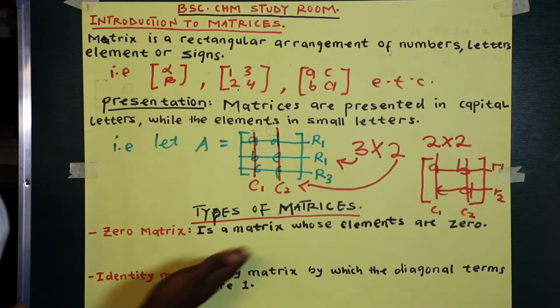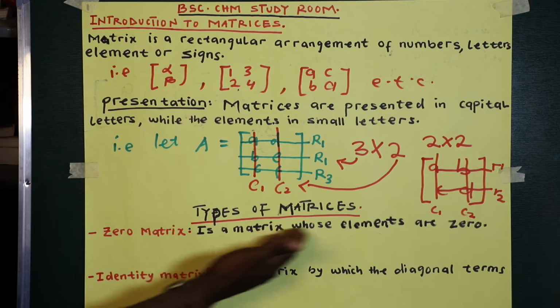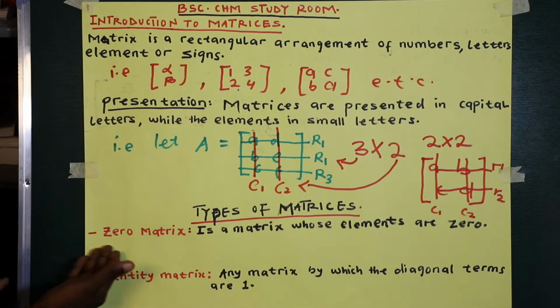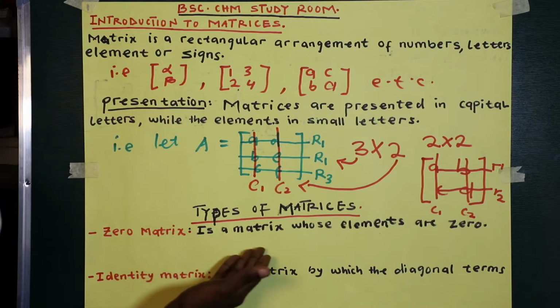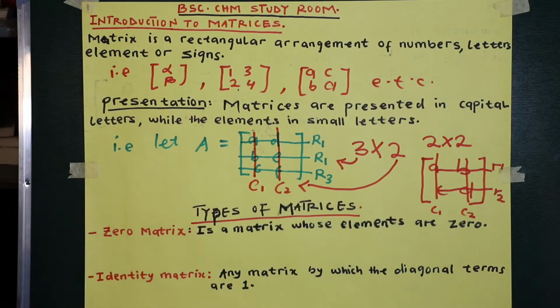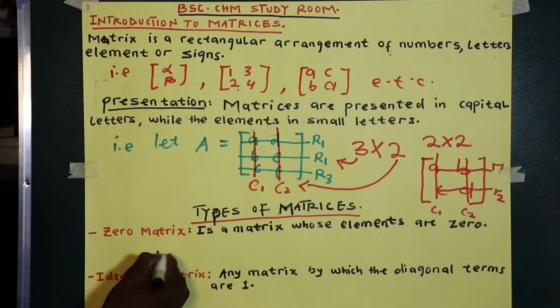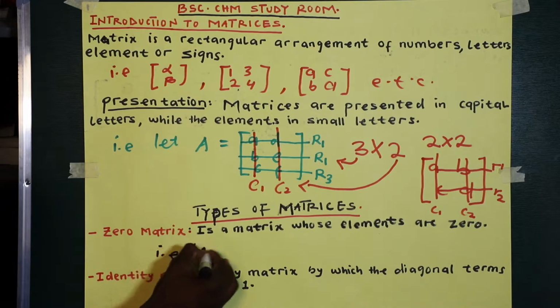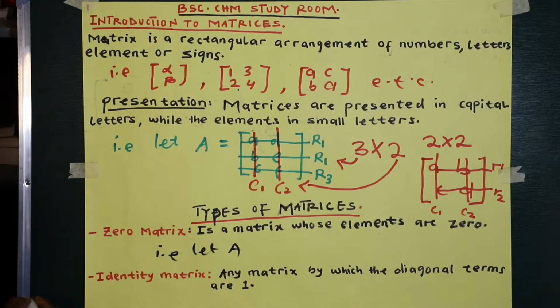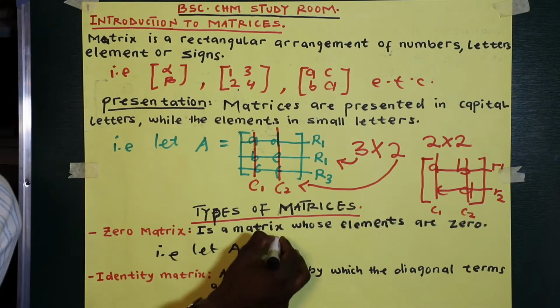So let's go into the types of matrices. First, we have the zero matrix. A zero matrix is a matrix whose elements are 0. Let A be the matrix. The elements are 0.